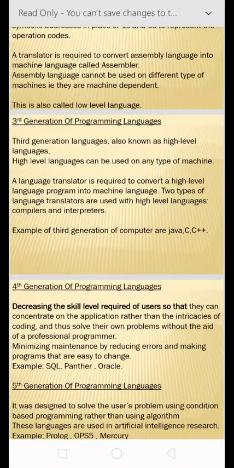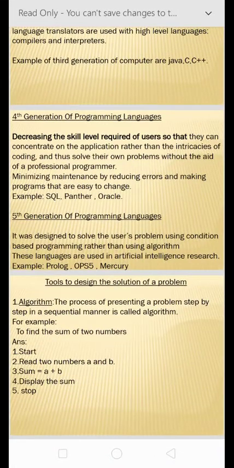Next is the fourth generation of programming language. The fourth generation is also considered as very high level programming languages. Earlier generations required a lot of time and effort that affected the productivity of a programmer.